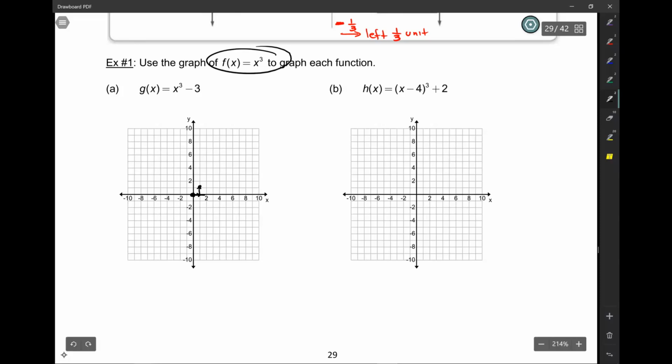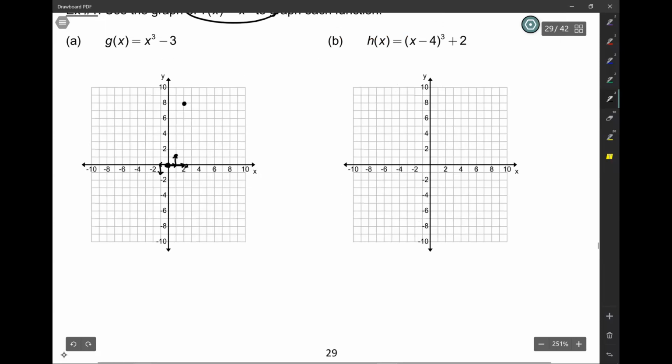And if I go in the positive direction 2 units, it goes up 8 units. If I go in the negative direction 1 unit, it's negative 1 cubed, so I go down negative 1. And if I go negative 2, I go down negative 8.